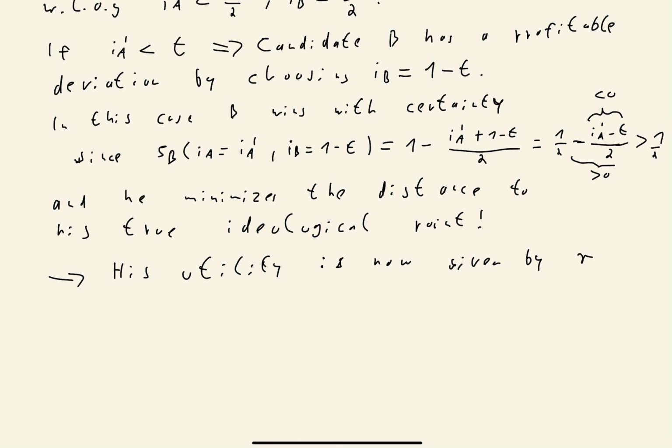Hence, he will get the office-motivated utility, and the utility of A is then simply minus (t minus (1 minus t)) to the power of 2.